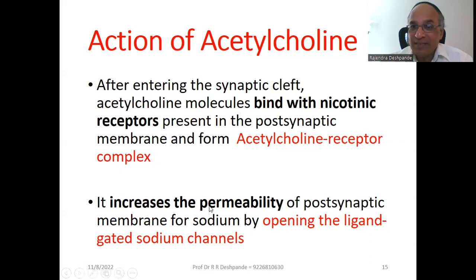It increases the permeability of the postsynaptic membrane. That means the watchman will go inside the college and open all the doors because the guests are coming with the volunteers. So the permeability of the postsynaptic membrane will be increased for sodium by opening the ligand gated sodium channels. Previously it was calcium channels in the presynaptic membrane that we were discussing, but here the sodium channels are opened, the ligand gated sodium channels.